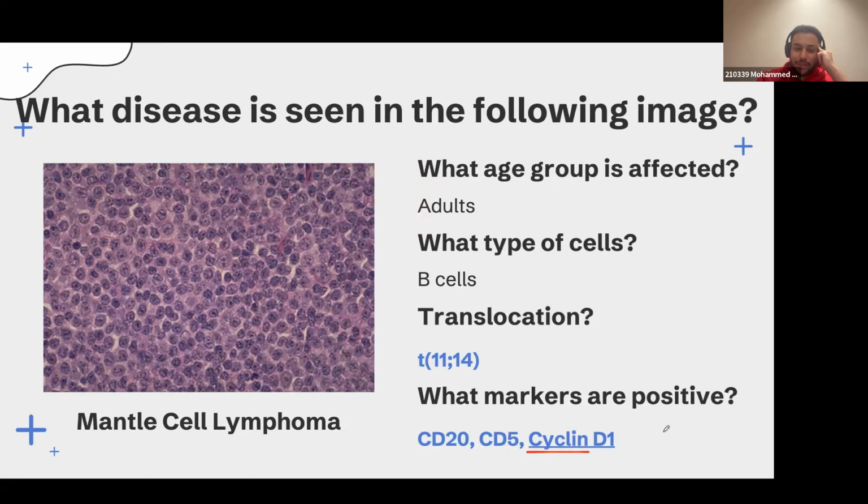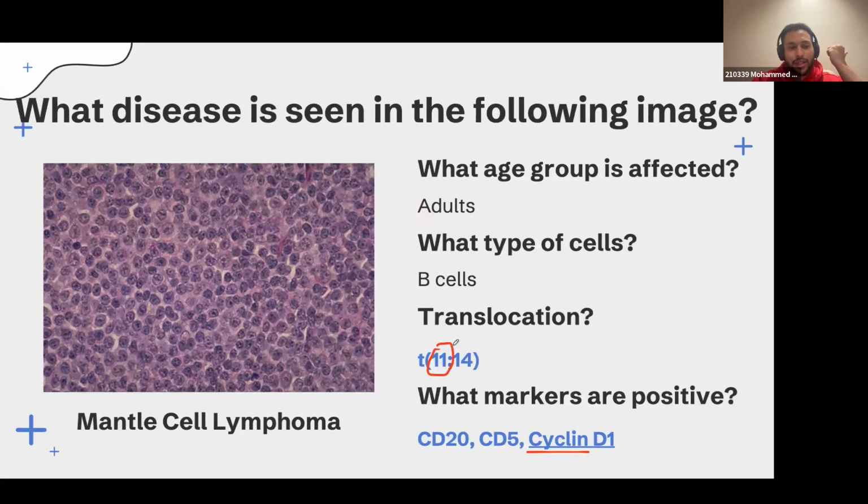Excellent. Exactly. So what cyclin D1 does is progress the cell from G1 to S phase. It basically speeds up the cell cycle. Cyclin D1 is on chromosome 11. So what's on chromosome 14?